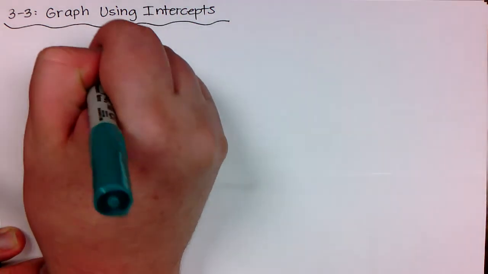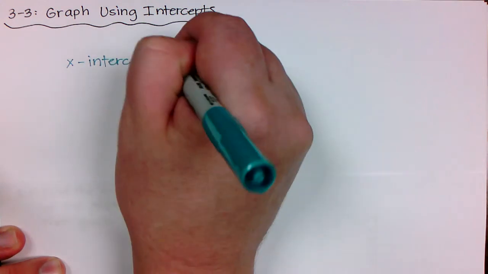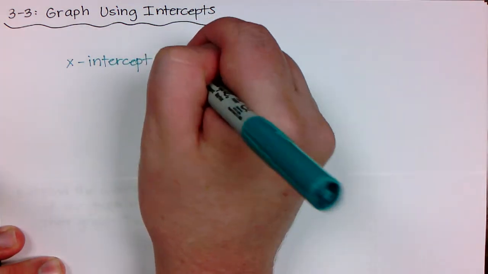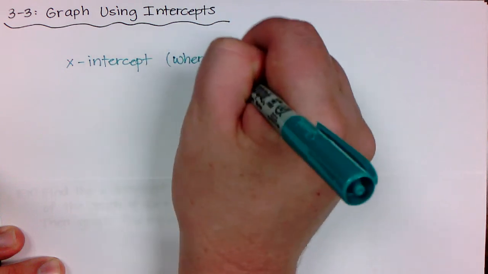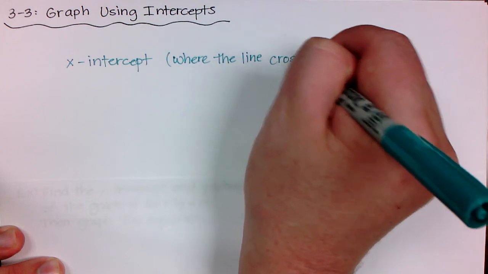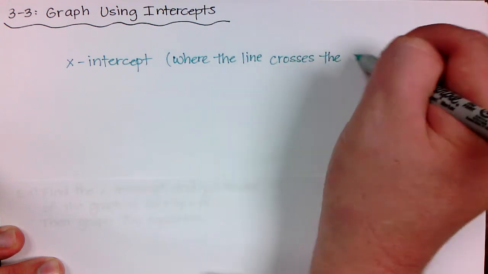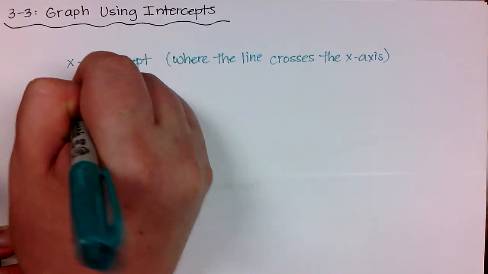So the X intercept is where the line crosses the X axis. So let's put that down: where the line crosses the X axis. And the Y-intercept is similar.